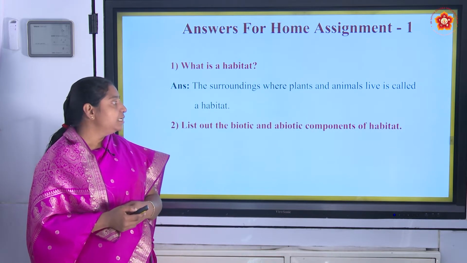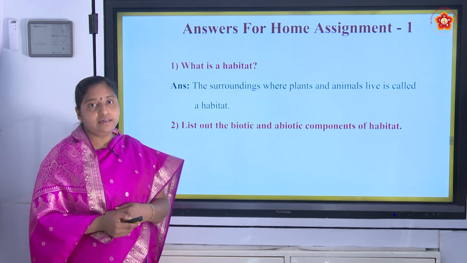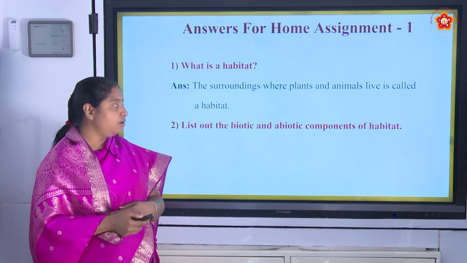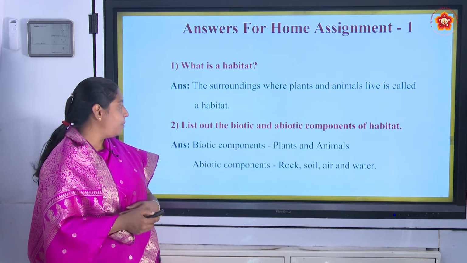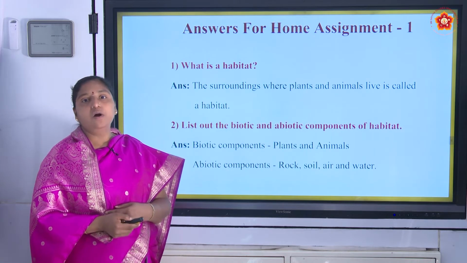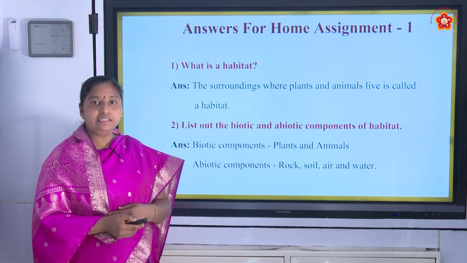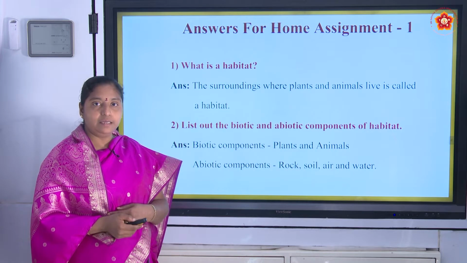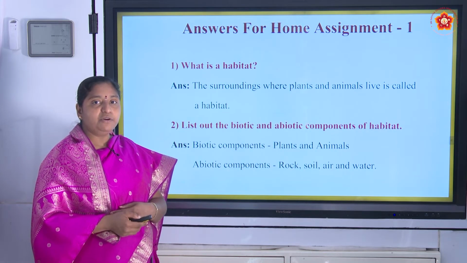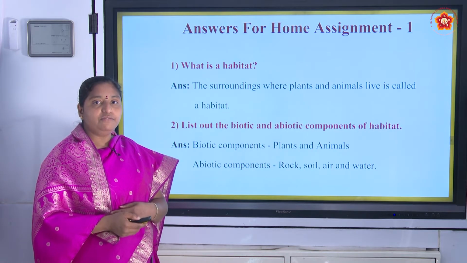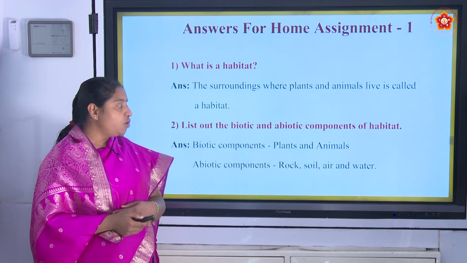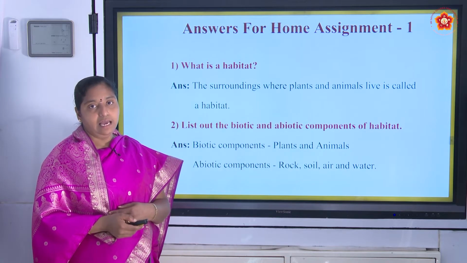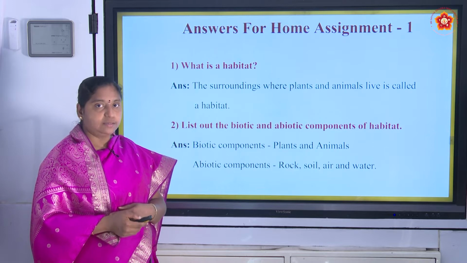Second question, list out the biotic and abiotic components of habitat. Biotic components, all the living components, that is plants and animals. Abiotic components are non-living components: rock, soil, air and water.